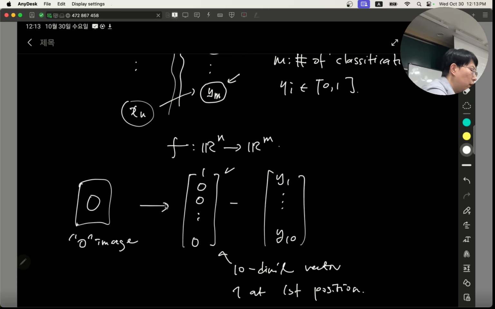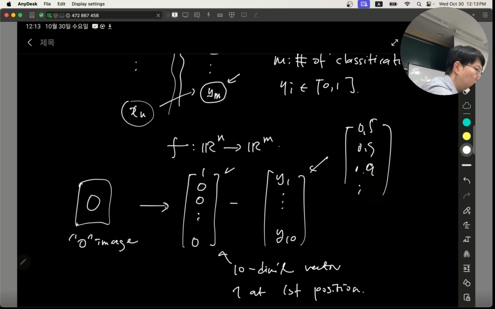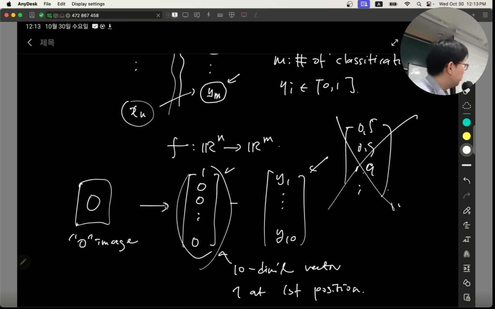You want your prediction as a 10-dimensional vector to be as close to the one-hot vector as possible. You don't want something like 0.5, 0.9, 0.9. We don't want this kind of prediction, because we want something closer to the answer sheet. So now you have one more step to composite, but everything is the same.